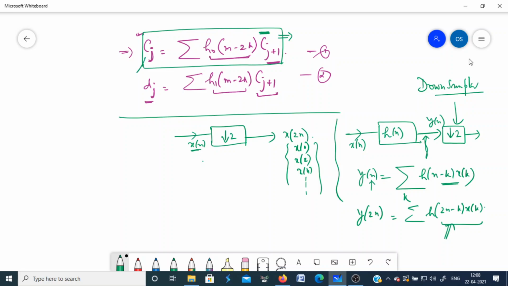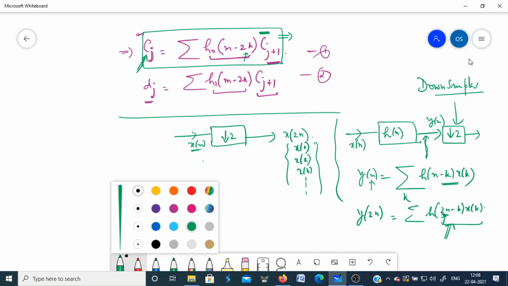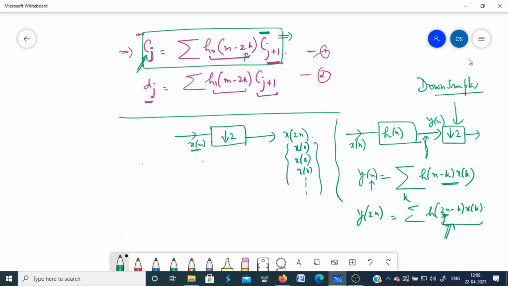Output is your cj, and how do you get this output? You are passing this c of j plus 1 through a filter h0[n]. In fact, h0 of minus n here, because it is minus 2k here. It was 2n here, then it will become h0 of minus n as the impulse response. And then you pass it through a decimator by a factor of 2, you will get the output sequence.